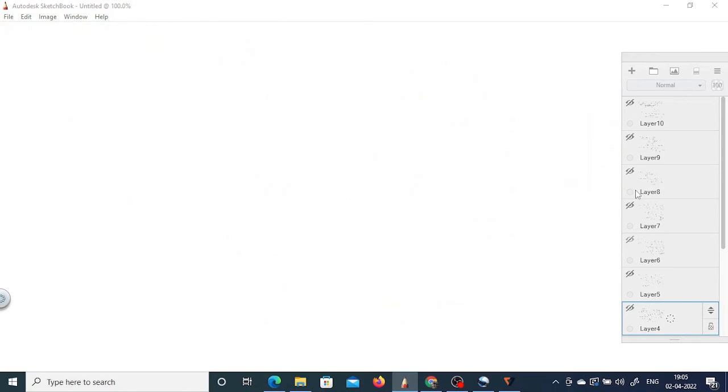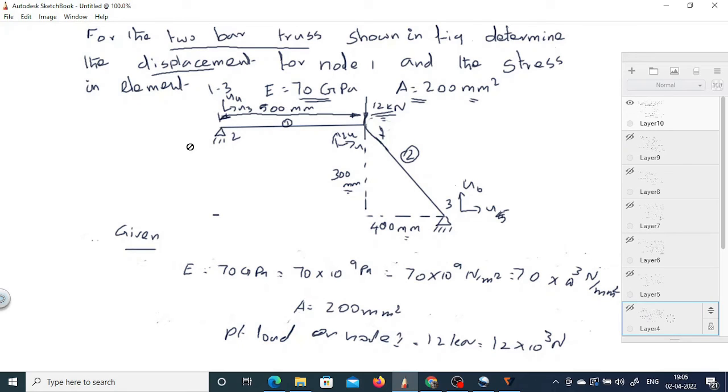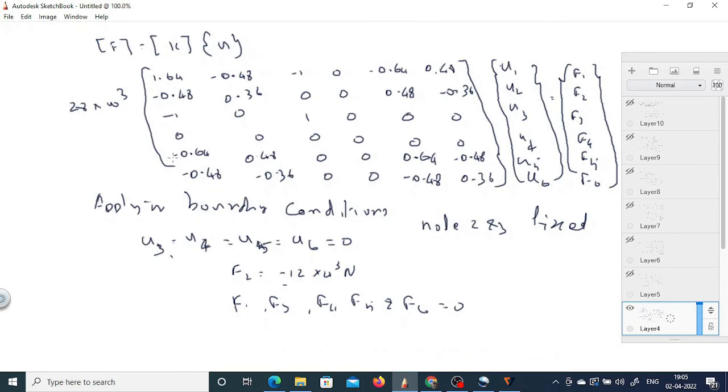Here you see in our problem, node 2 and node 3 are fixed, so u3, u4, u5, u6 are 0, but u1 and u2 have some value. I wrongly presented, sorry, now you may understand. So I can substitute u3 is equal to 0, u4 is equal to 0, u5 is equal to 0, u6 is equal to 0. Similarly, F1, F3, F4, F5, F6 are 0. So I can rewrite the total equation again.